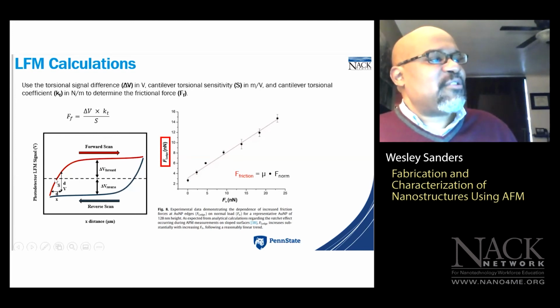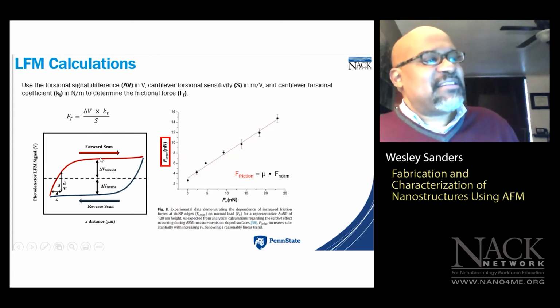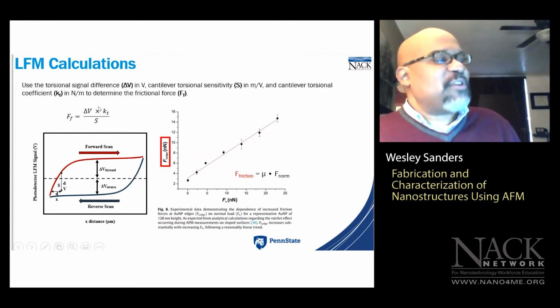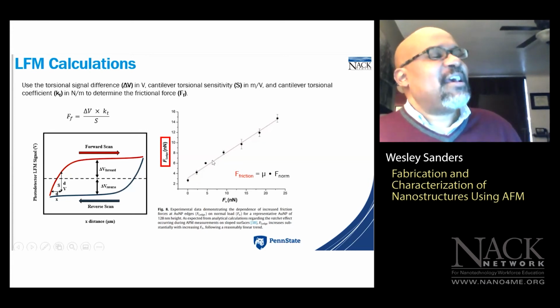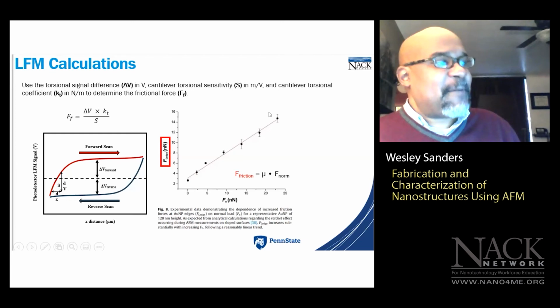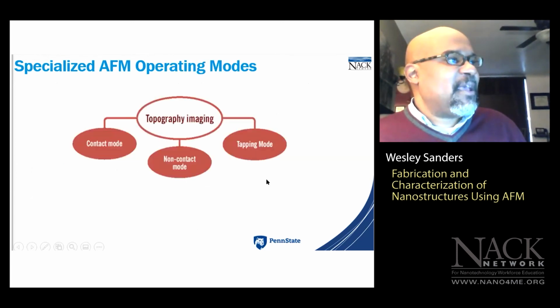So that's how you determine your photodetector sensitivity. And then your delta V value, your difference in signal, that's simply the difference between the friction loop plot and the baseline. And so once you determine all those values, you have your frictional force data that you plot on the y-axis. You plot your normal force data on the x-axis. And when you plot the resulting data points, you can find your coefficient of friction.